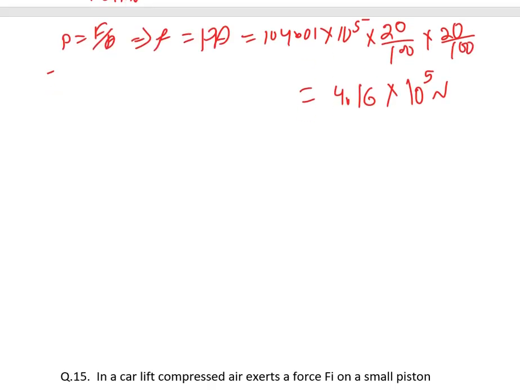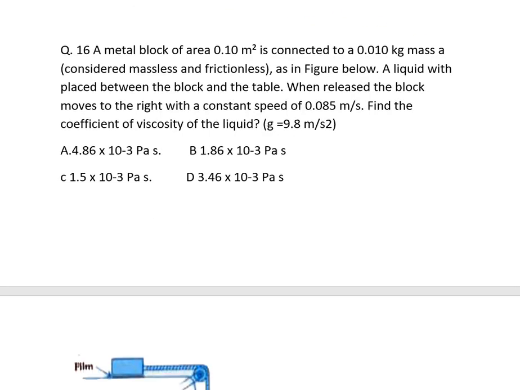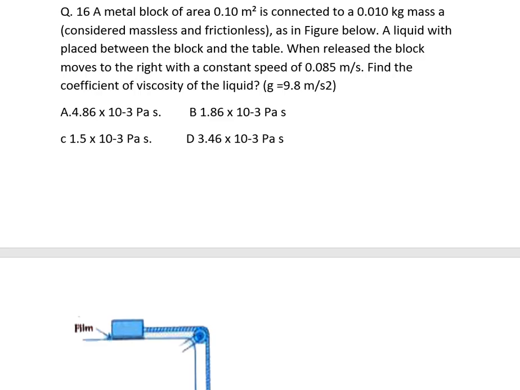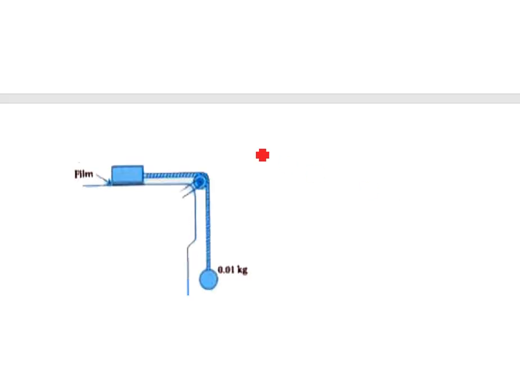Next question, question number 16. Here the figure is below. A block of area 10 meter square is connected with a mass of 0.1 kg.